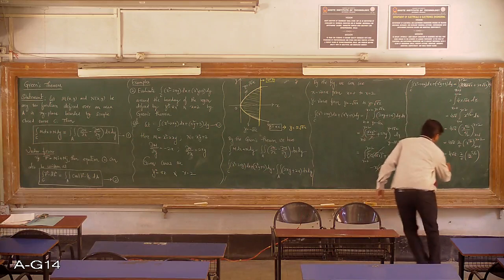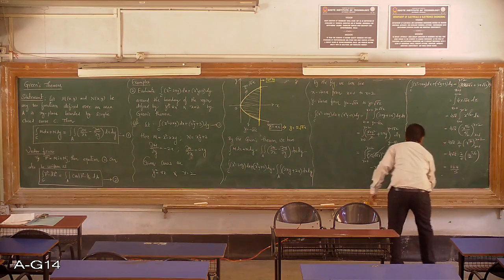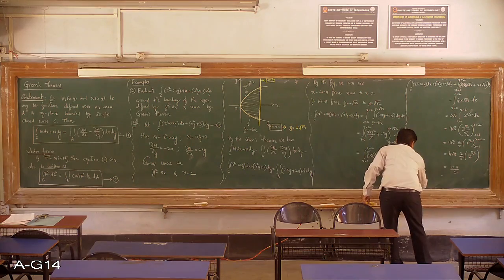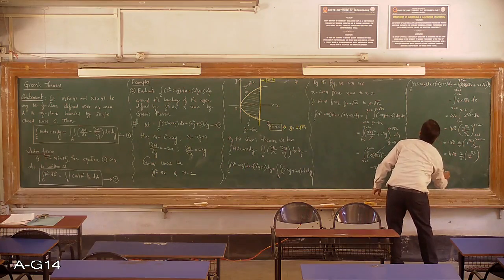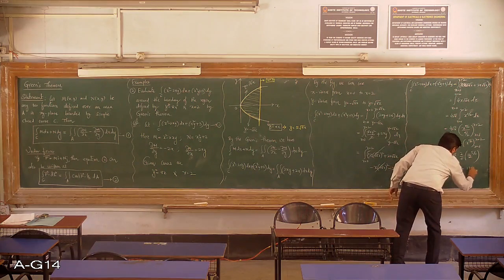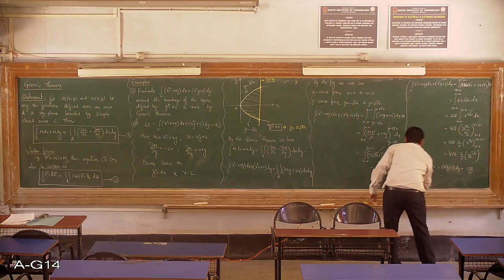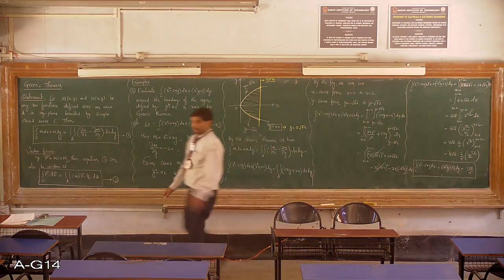Okay, so the integration over curve C, x square minus 2xy dx plus x square y plus 3 into dy, is equal to 128 by 5. So this is the second example.